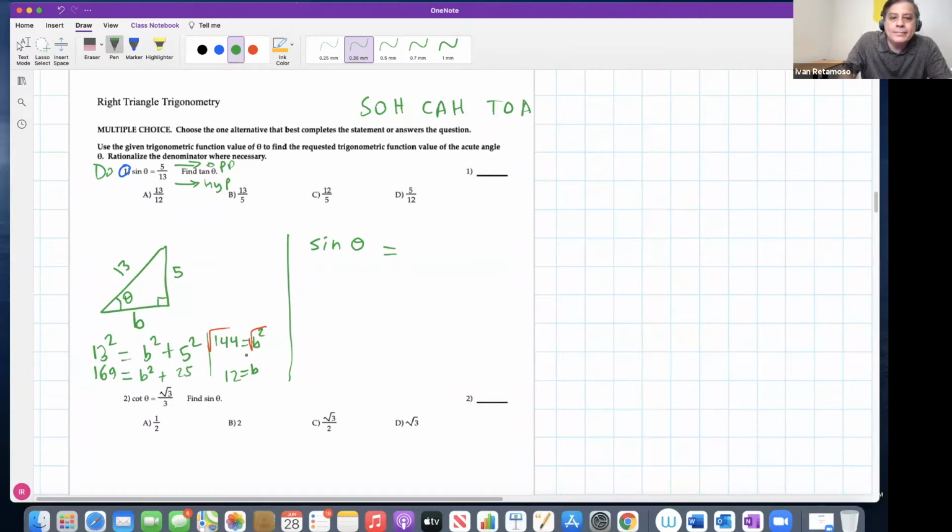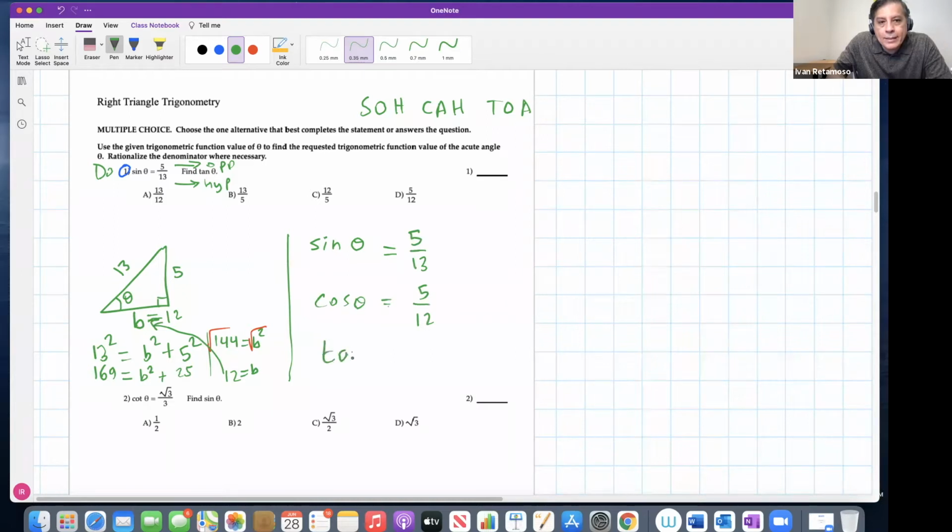Sine is opposite over hypotenuse, right? Opposite 5 over hypotenuse 13, right? There we go, sine. And then cosine is adjacent over hypotenuse, right?